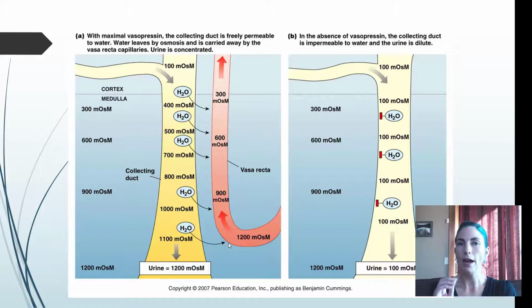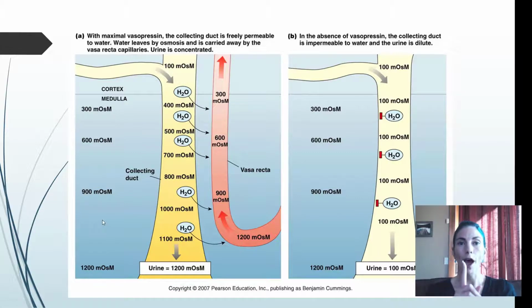If this is not clear why we would draw out a lot of water, then please refer back to the loop of Henle reabsorption lecture where it's shown in more detail. But by pulling that filtrate through an increasing salt gradient, water is compelled to go to where there's more solutes, which is going to be out here.